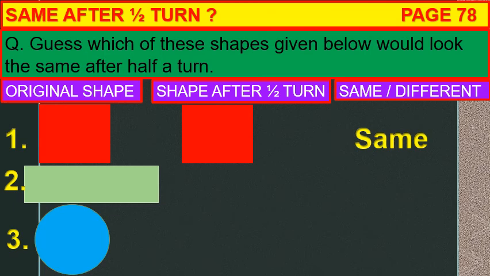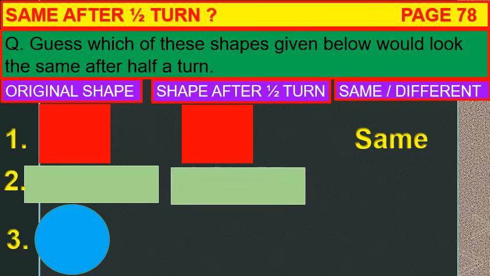This is a rectangle, a four-sided figure. And this is the rectangle formed after a half turn. Both are the same. Third one is a circle.